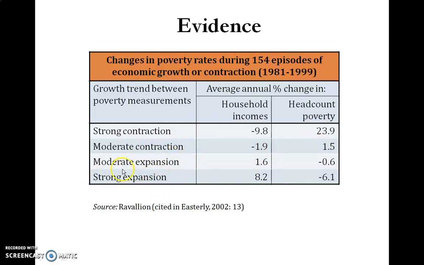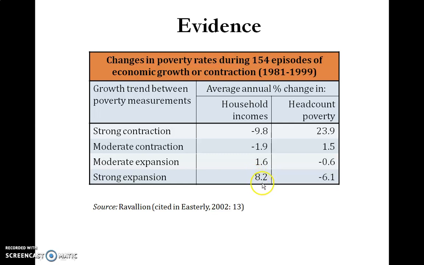What happens when an economy expands instead? And here we're looking at 154 episodes of economic growth. Okay, so this is quite a long time series. There you find moderate expansion has a positive impact on household income, and also a positive impact on headcount poverty, but with a strong expansion, the relationship remains positive, but it's even greater.